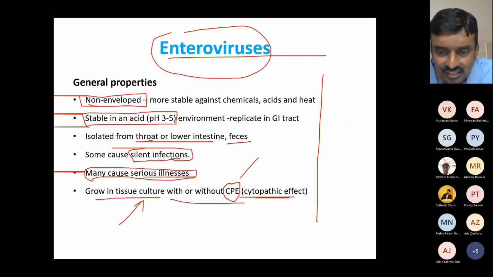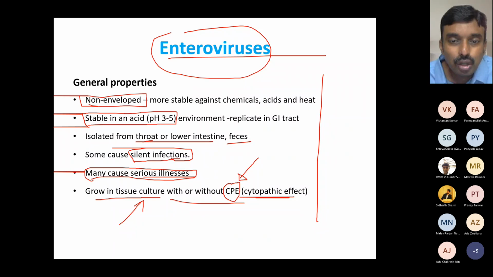CPE is another term that comes up anytime anybody talks about growing viruses in cell culture: cytopathic effect or cytopathogenic effect. The reason being the kind of changes that each virus produces on a certain kind of cell may be different, and they can help the scientist or the virologist identify or putatively identify the virus.